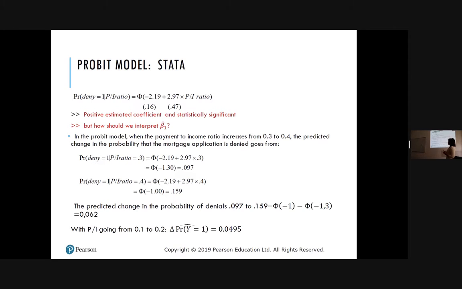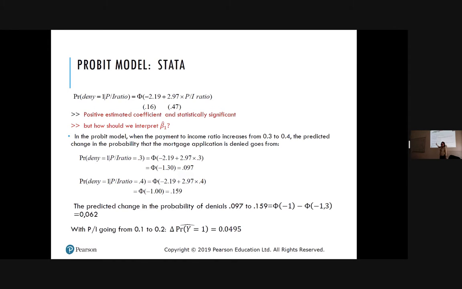Then the interpretation of beta 1, so the effect of changing X on the probability of being denied, should be computed by comparing the predicted probability of Y equal to 1 when X is equal to a certain value to the predicted probability of Y equal to 1 after we make the change.